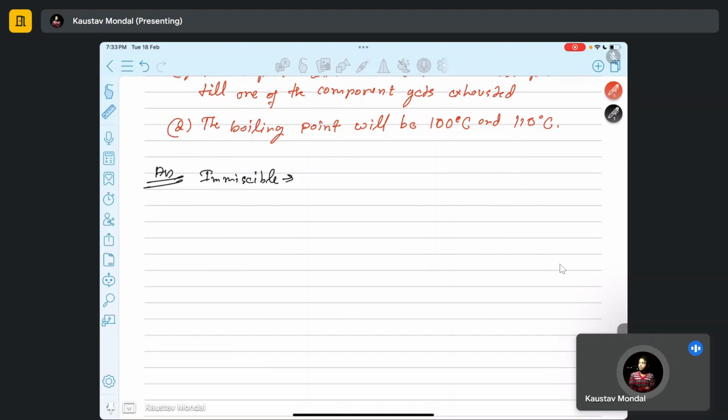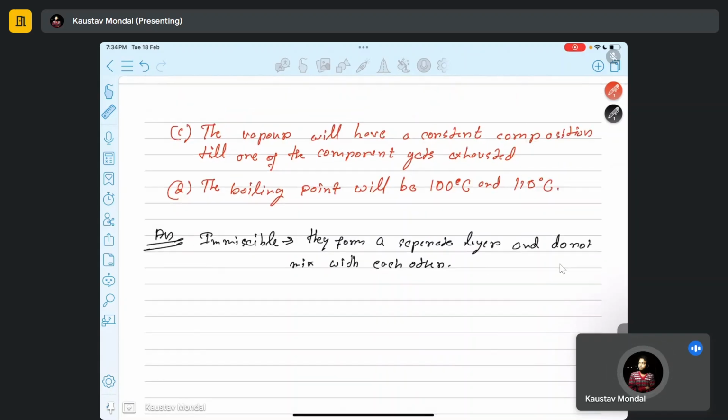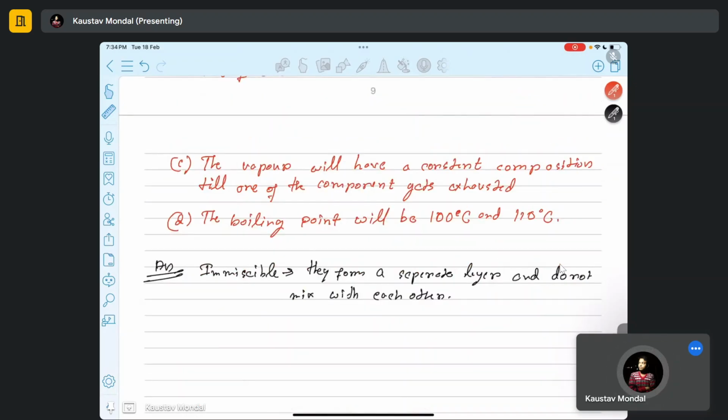When two liquids are immiscible, that means they form separate layers and do not mix with each other. Right? This is basically the meaning of an immiscible mixture.